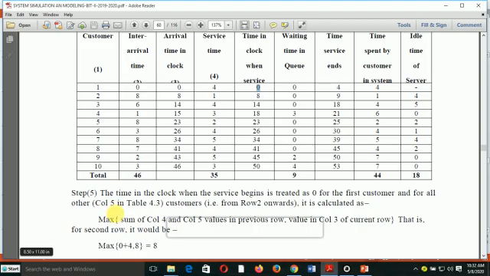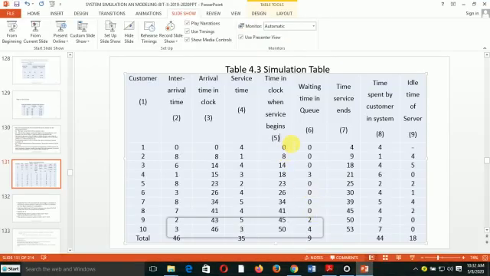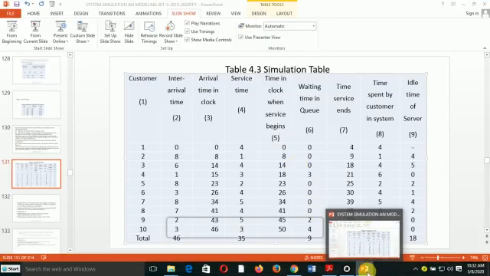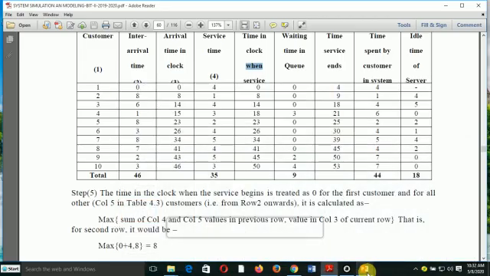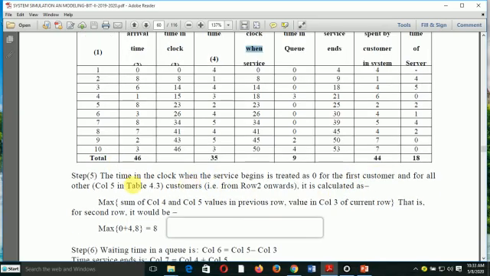It means that we are going to take column 5. This one, column 5. It will be calculated as the sum of column 4 and column 5 values in the previous row.